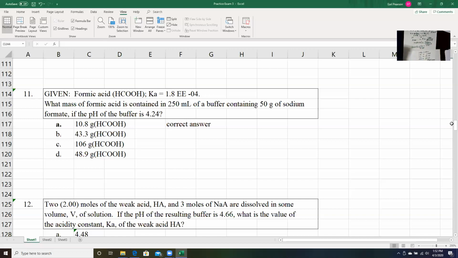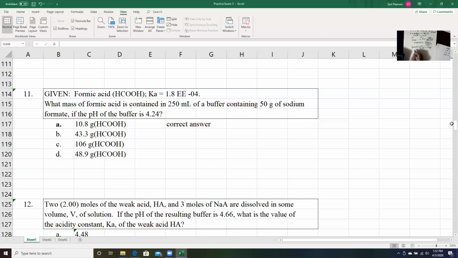This number is still on my screen, so I'm going to divide that by 3.128, and I get this to be equal to 0.94 moles per liter. Yeah, that's in moles per liter.